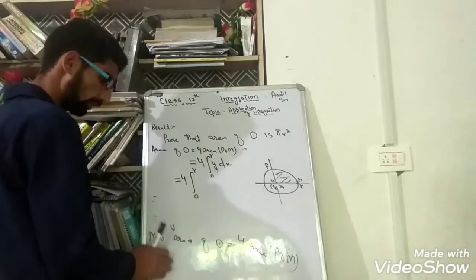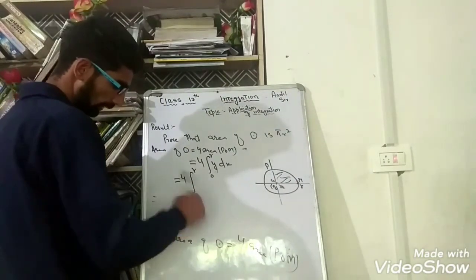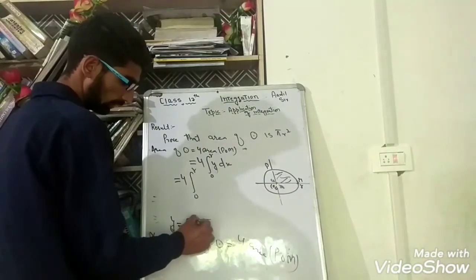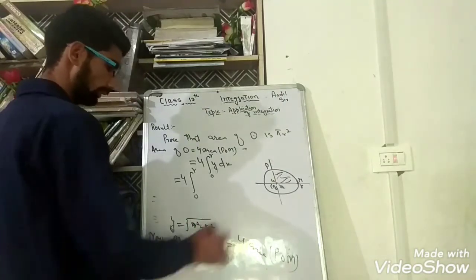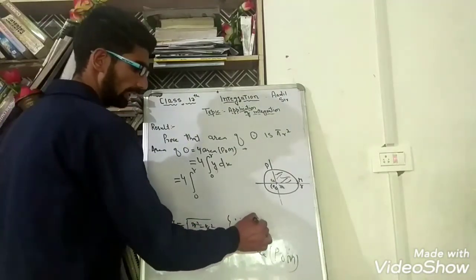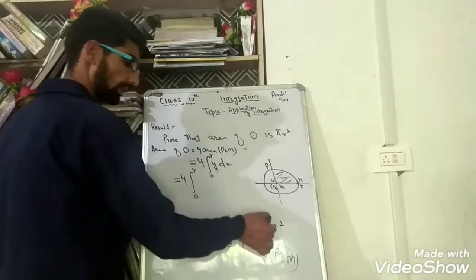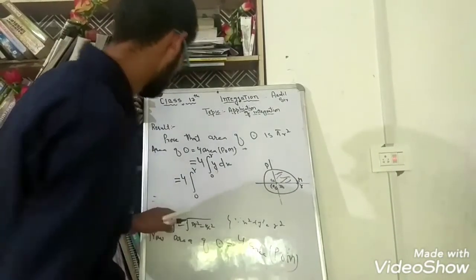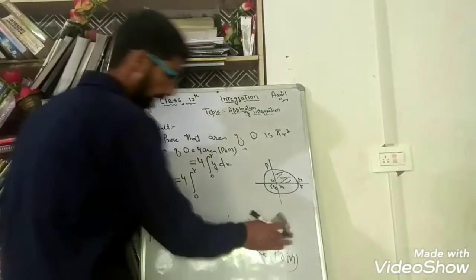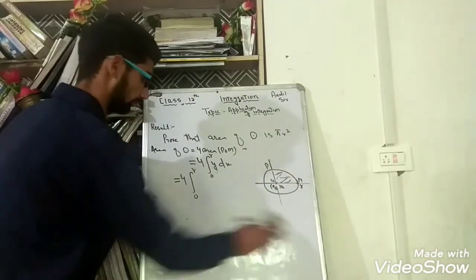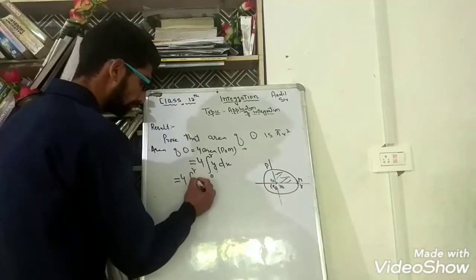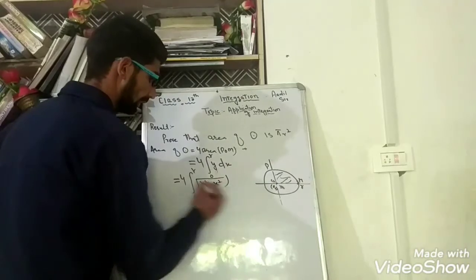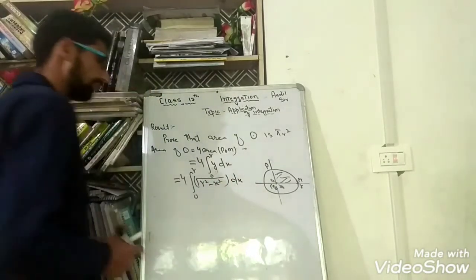We have y equal to the square root of r square minus x square, which I have already shown. How? Because you have x square plus y square is equal to r square, so you transpose this x square to the right, and then you get the value of y as the square root of r square minus x square. So here I can write this as 4 times the integral from 0 to r of the square root of r square minus x square dx. This is my formula.